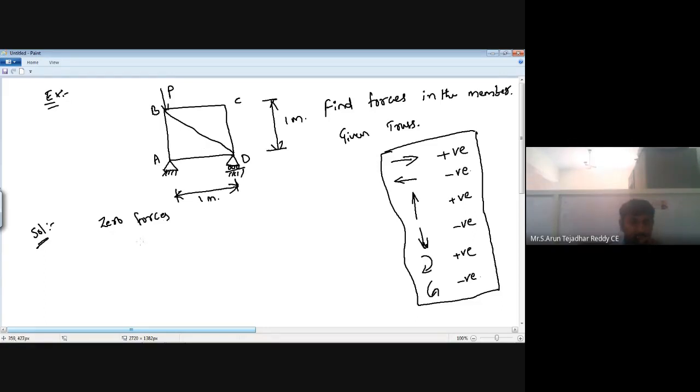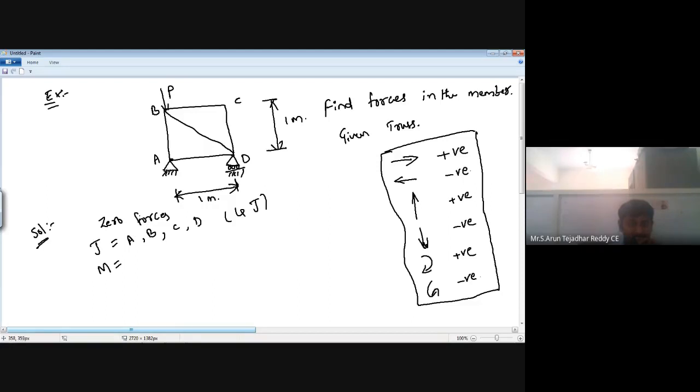First, you need to understand what the joints are in this given problem. A is a joint, B is a joint, C is a joint, D is a joint. Total 4 joints are available here. Next, members.